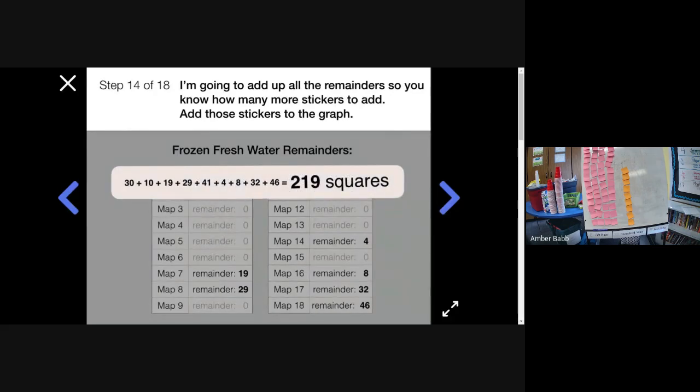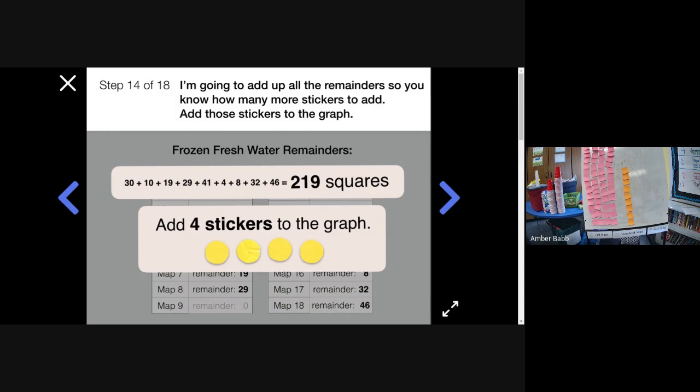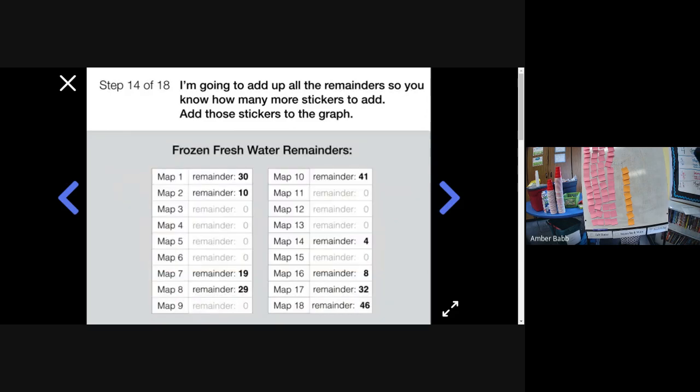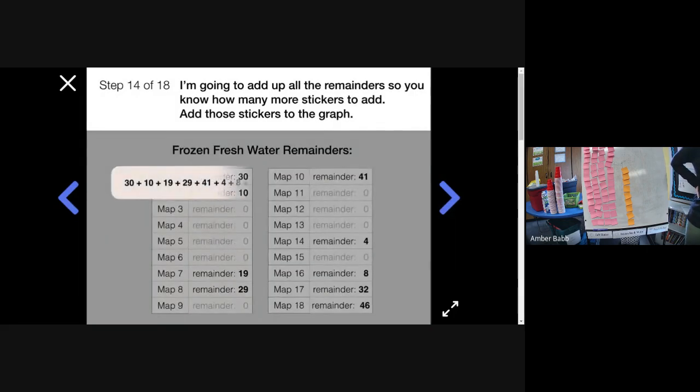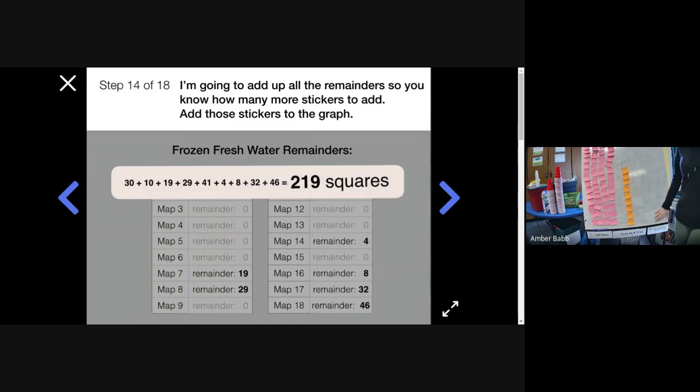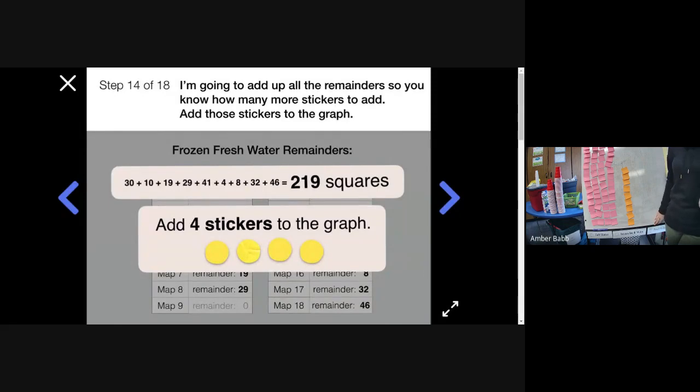Okay, all right. What do you predict is going to happen? Hypothesize. What's my regular freshwater going to look like, Fiona? Well, for mine, just by looking at my map, I only have 1 square of the regular freshwater, so I'm guessing that there's not going to be that much freshwater. Fiona said, looking at my map, I only have 1 single square of freshwater on my map at all.